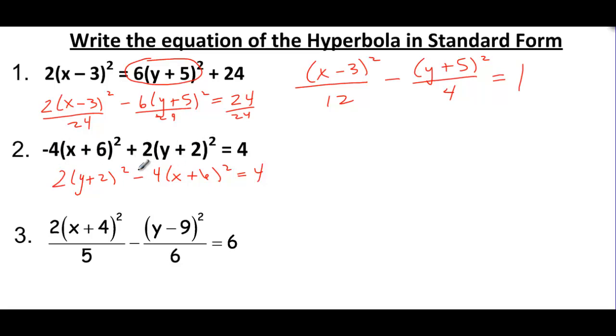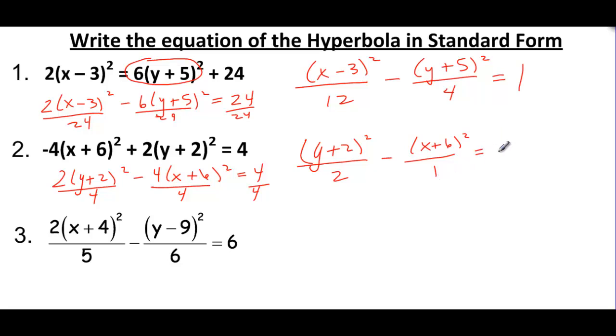Since they're on the same side, I'm just rearranging it. But now I have to divide everything by 4. Each term by 4, so I'm going to get (y plus 2) quantity squared divided by 2 minus (x plus 6) quantity squared all over 1. And we typically like to write the 1 just for standard form to help us out when graphing, equals 1.